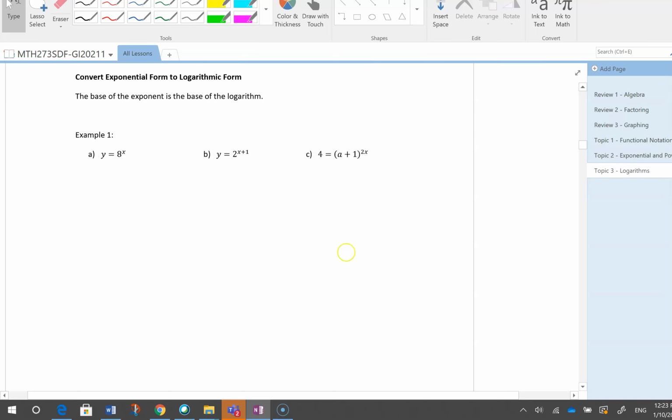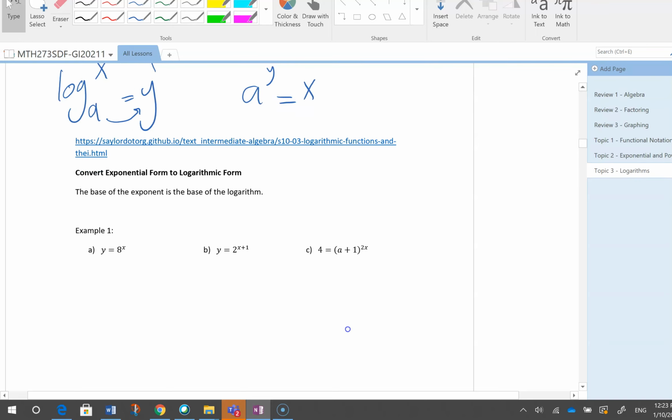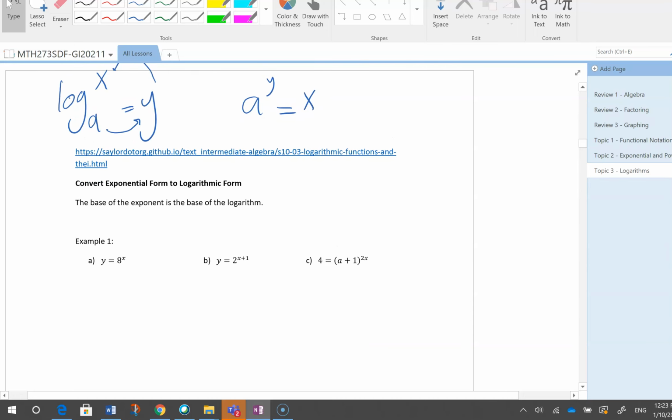I just show you this because you need to know it. y is 8 power x. Logarithm of y base 8 is x, because I have 8 power x is y.